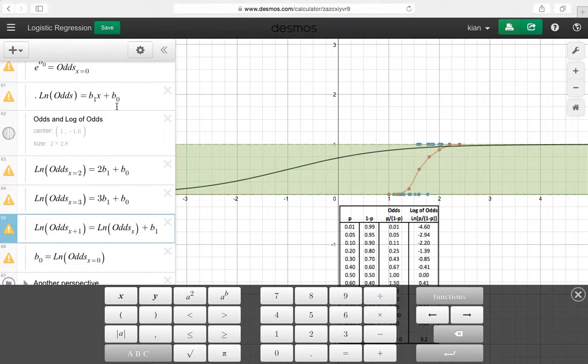And what about the interpretation of beta 0? So we should just set x equals 0 again, and what we're left with is beta 0 equals log of odds when x equals 0. So this is a new interpretation of beta 1 and beta 0.